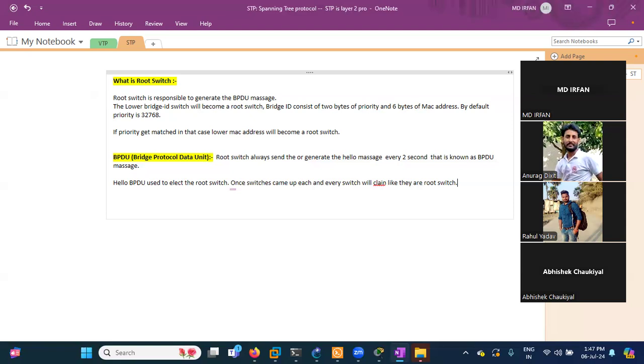All the switches claiming they are root will stop claiming, because after counting, what they were doing before the election, public meetings, rallies, campaigning.